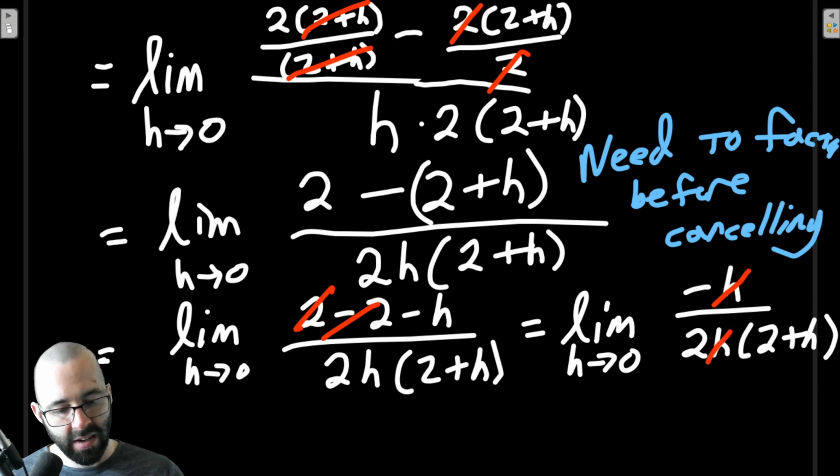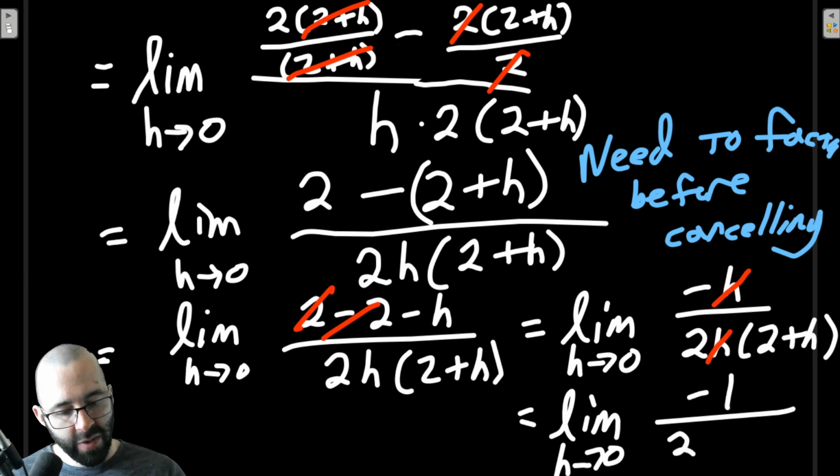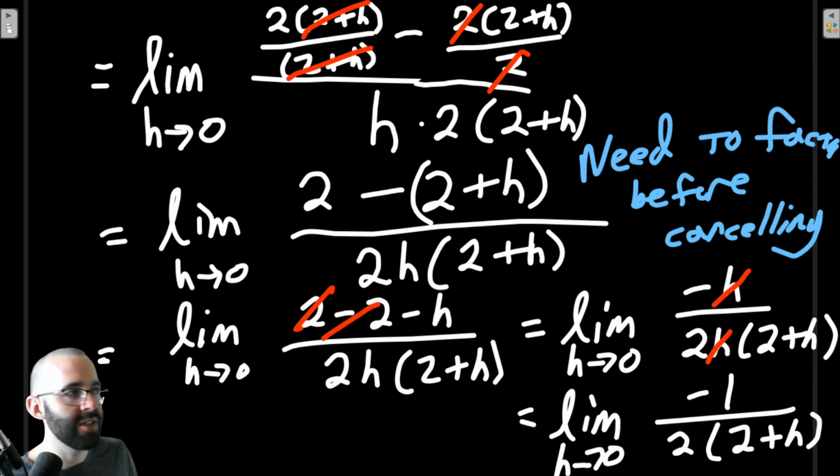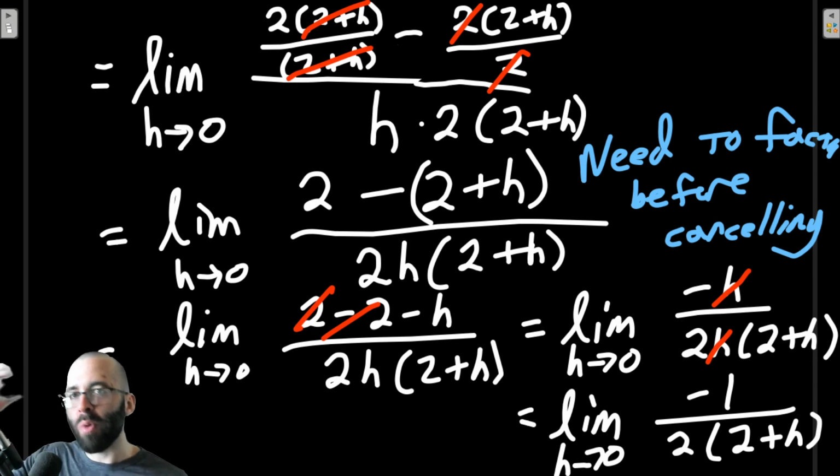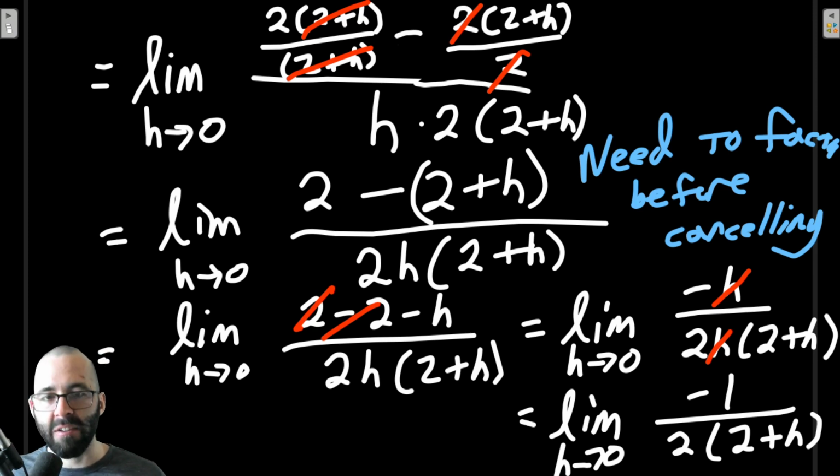All right. So it's going to be the limit as h goes to 0 of negative 1 divided by 2 times 2 plus h. The h's have been canceled. We now have a rational expression. The limit of a rational, we can plug in and find it at that function value. So as h goes to 0, what do we get?